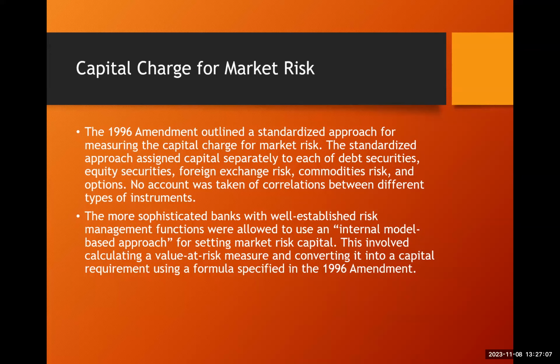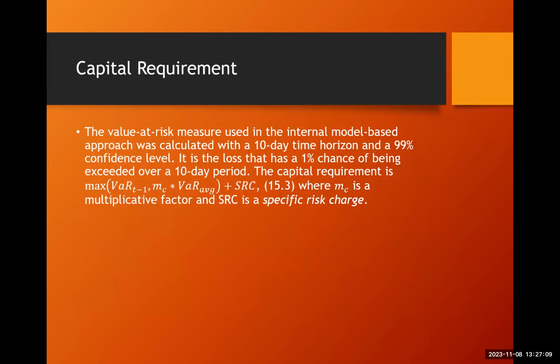So the first thing for a market risk charge is to use the value at risk measure. What we have here is an important formula. The charge is the maximum of the value at risk for the previous day, comma, this multiplicative factor times the average value at risk.